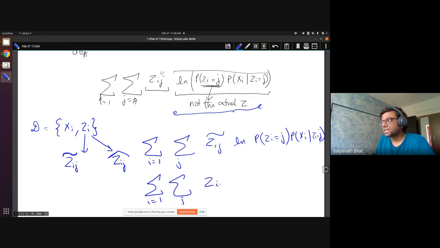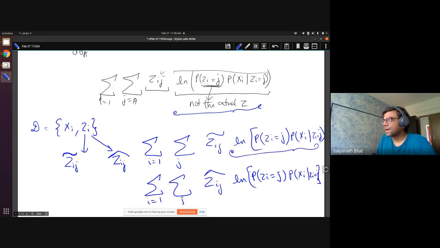Now instead of Zij tilde, I have Zij hat, and then I have ln p of Zi equal to j, p of xi given Zi equal to j. Okay, so this whole thing is there. My question is, do you understand that this part and this part are identical?